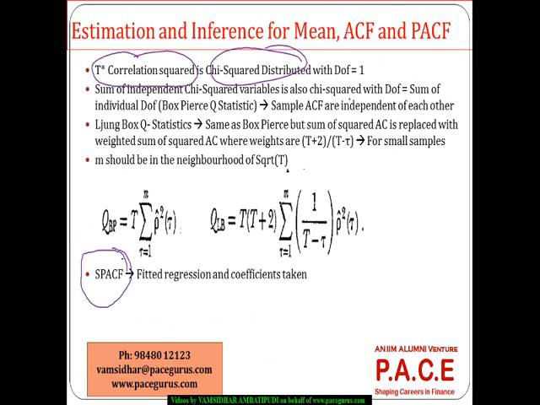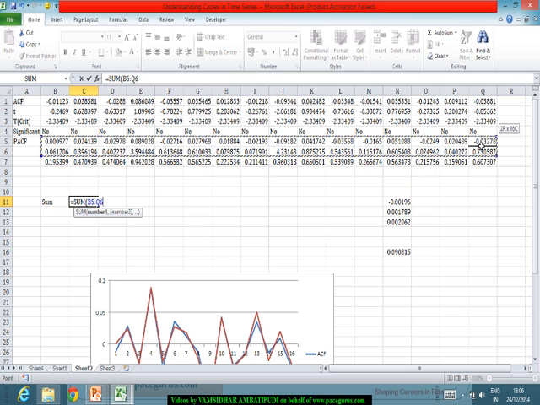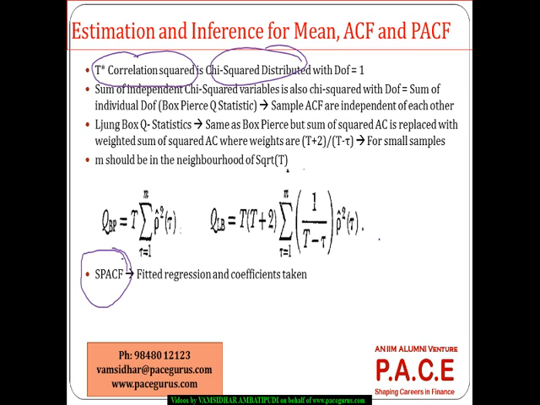And one more important test I can do is the sum of independent chi-squared variables. If I take the summation of these independent chi-squared values, it should also be chi-squared with degrees of freedom equal to the summation of the individual degrees of freedom.